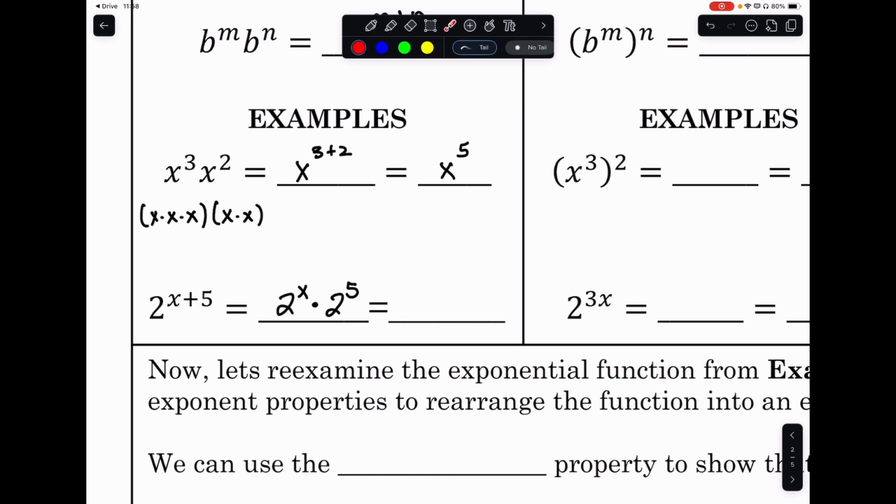Since these exponents are being added together, that means I'm multiplying two powers, where one power of base 2 is raised to the x power, and another power of base 2 is raised to the fifth power. And I can simplify this since I know that 2 to the fifth power equals 32. I can rewrite this as 32 times 2 to the x power.